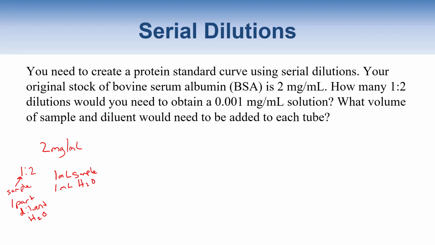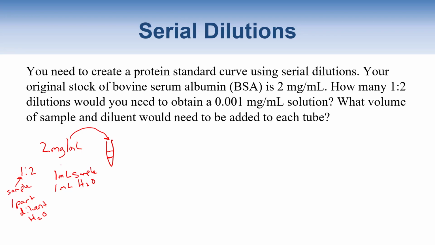So we have an original stock tube of 2 mg per ml. If we perform a 1:2 dilution, what that means is that we're going to fill up this first tube with 1 ml of the water, and then add 1 ml from our stock into the tube. So it'll fill it up so that there's 2 parts total, and 1 part out of the 2 parts is the sample.